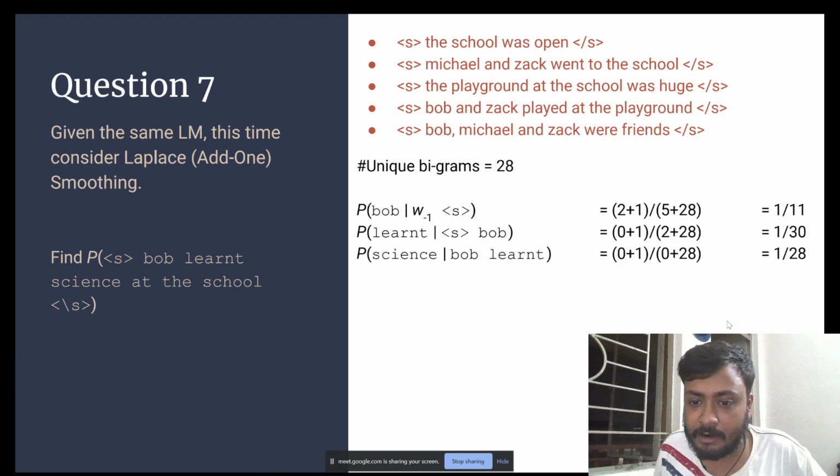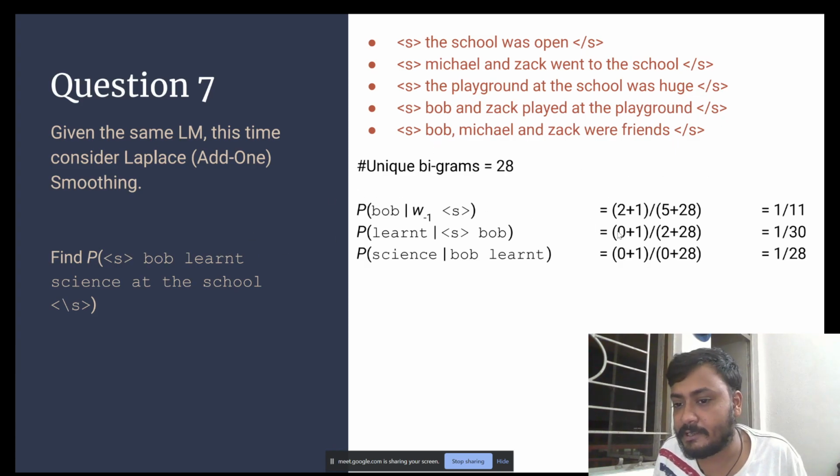Same again. Nowhere do the 3 words Bob learned science come together. That's why we have 0 again. And 0 over here also, because Bob learned is not there in the corpus. So that is why we have this Laplace smoothing technique, to avoid situations like 0 by 0. So you are adding 1 to the numerator and 28 to the denominator.